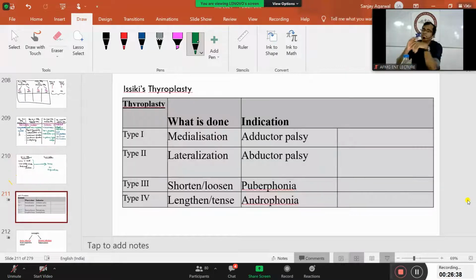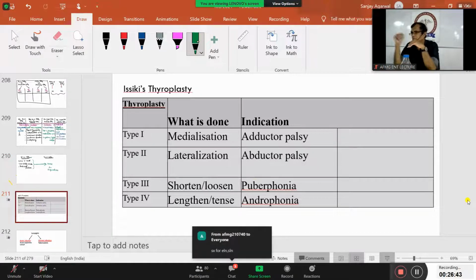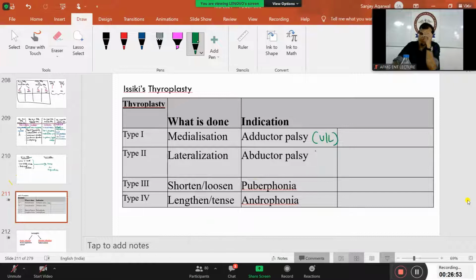Thyroplasty can be type 3 and type 4 also. So these are the four types of thyroplasty that we have to know. Type 1, type 2, type 3, type 4. What is done in each of them? What is the main indication? This is important.